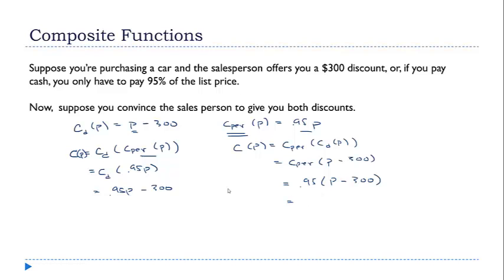So let's multiply this out. So it kind of looks like the other one. This is 0.95P minus 285. So you see, clearly, once again, we did get two different functions. The result is different depending on the order in which we do these.